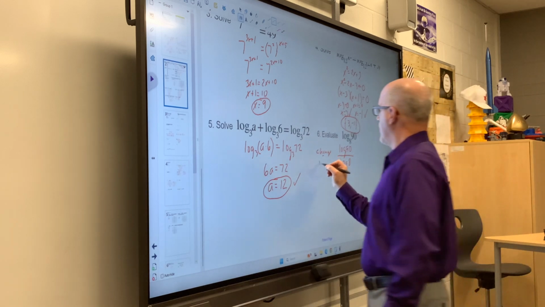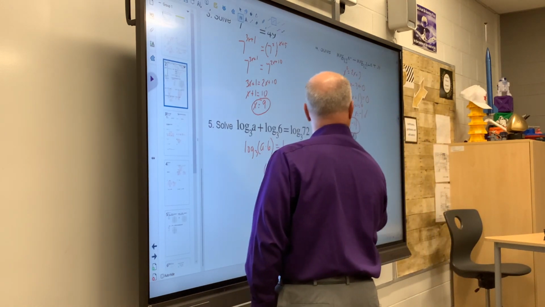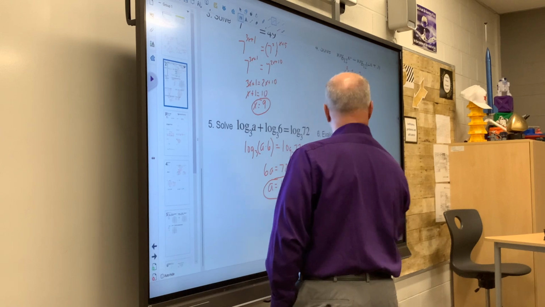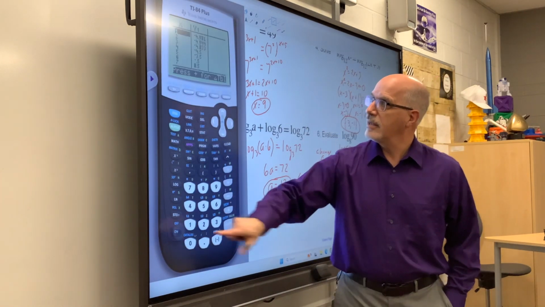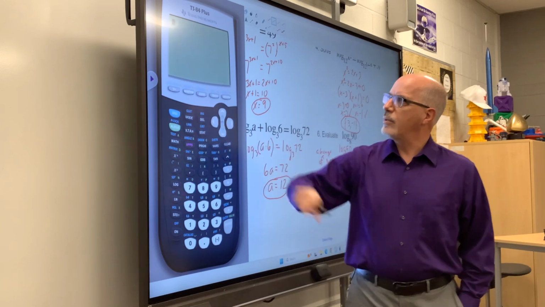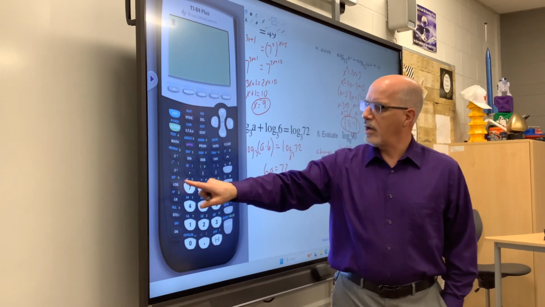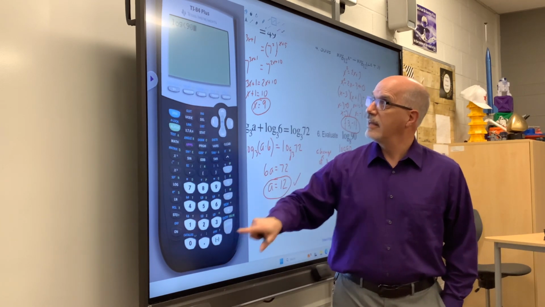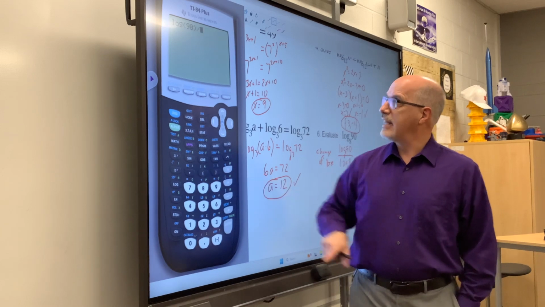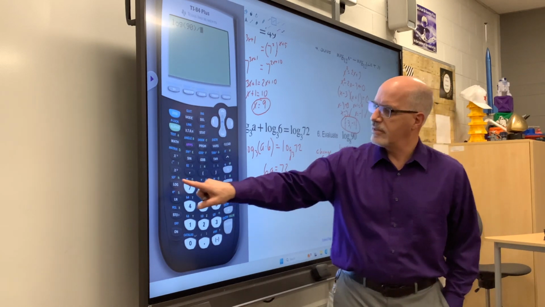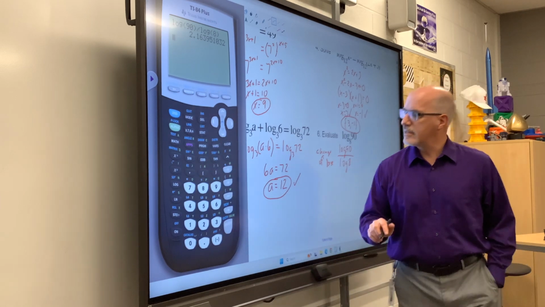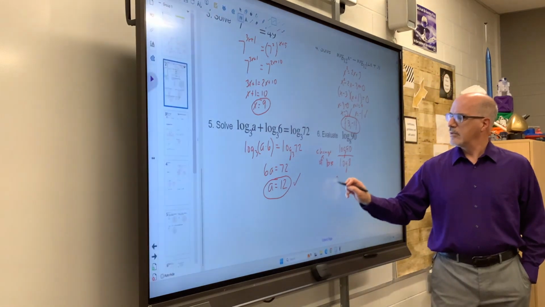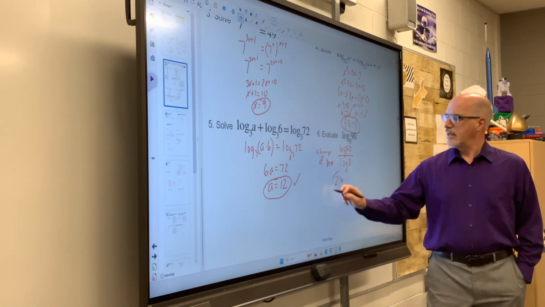So change of base, we're going to do that on our calculator. So I'll hit second quit, and we're going to do log of 90, and we're going to divide that by log of 8. And we get 2.16 as an answer.